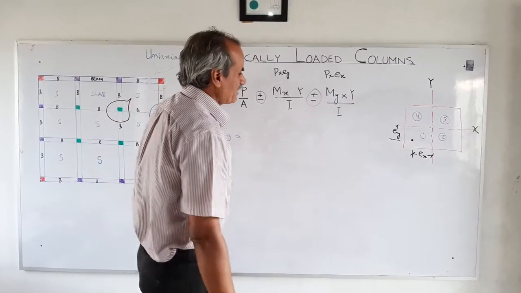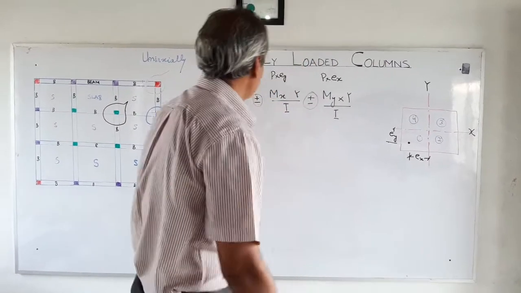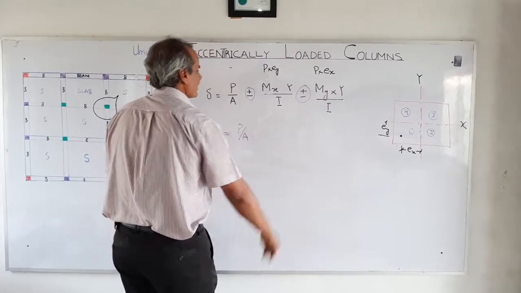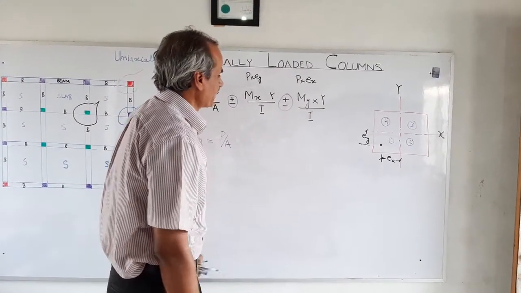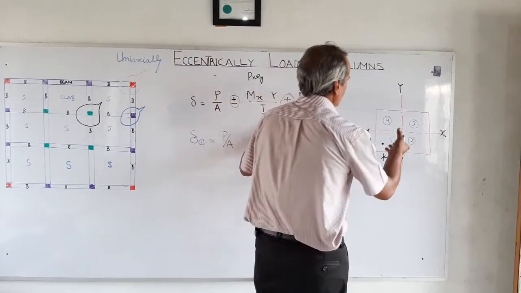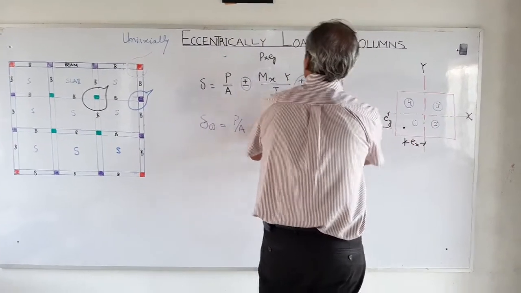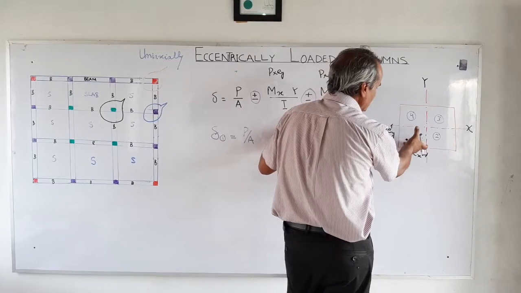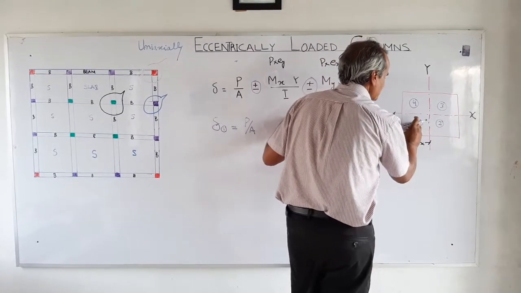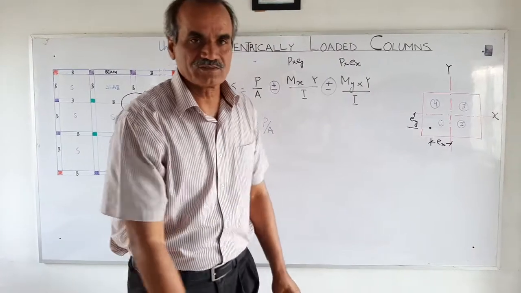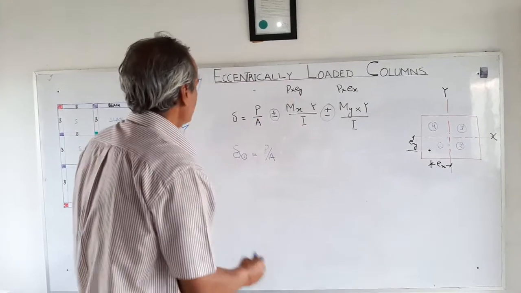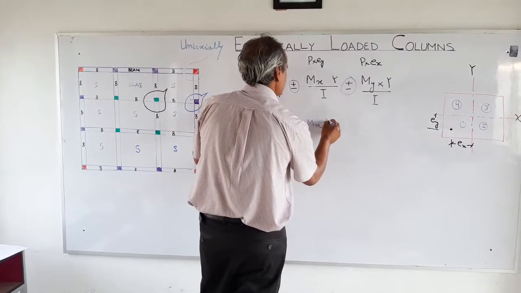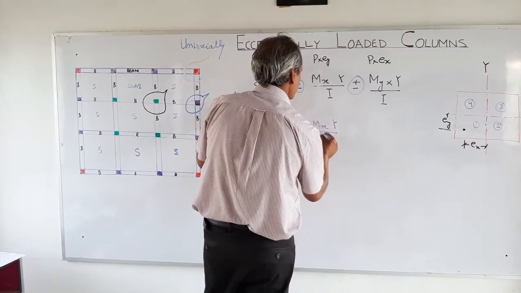The first term will remain unchanged for all the 4 quadrants, that is P over A. The second term, the sign for the second term, you see, in case of Mx over here, that is the moment being caused about the x-axis, this is experiencing the compression. So the sign chosen over here shall be the positive sign, that is plus Mx y over I.